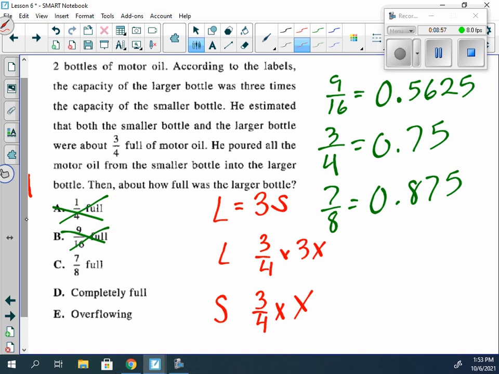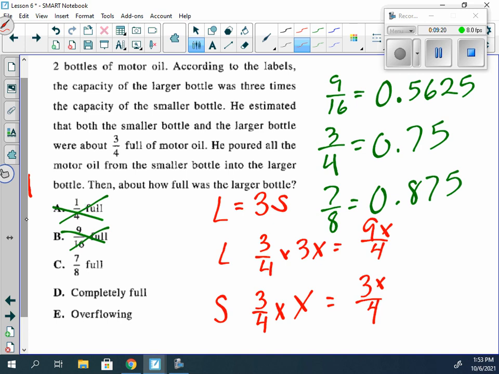Or for every 1 of the bigger, I have 3 of the smaller. So in terms of overall size, 3 times 3 is... So whatever the amount is, they never told us. In terms of the smaller, it's 9/4. Would be the same for the smaller. For the smaller, well, it's just going to be 3x over 4.